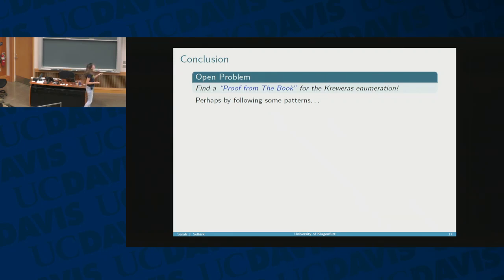The first open problem is a continuation from the previous one. I would say don't try this unless you really have a lot of free time, because it's been open for 60 years. But maybe you're super lucky, and if you follow some patterns in Kreweras walks and look at some corresponding combinatorial objects, you somehow find a connection which leads to some idea for a bijection.